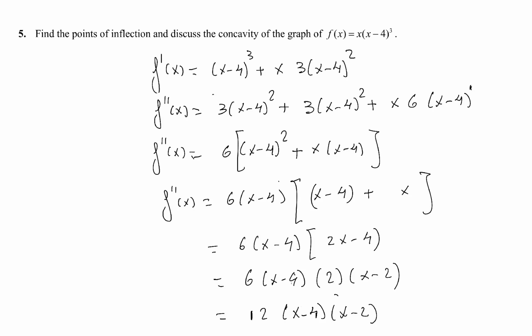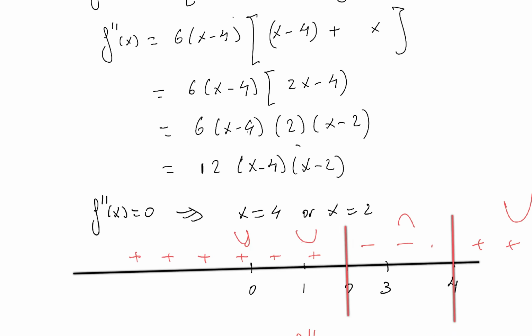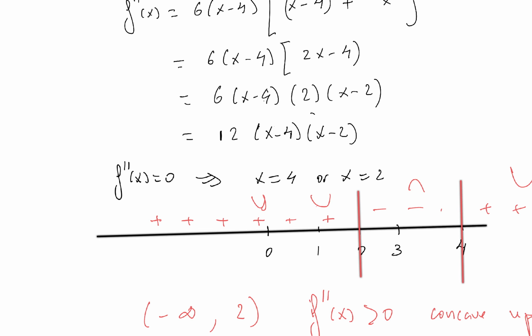So the second derivative, with a little bit of algebra, will be 12 multiplied by (x minus 4) multiplied by (x minus 2). So we have two inflection points.